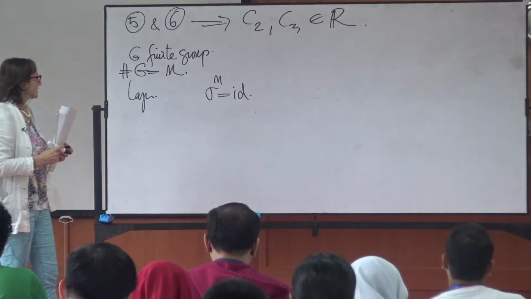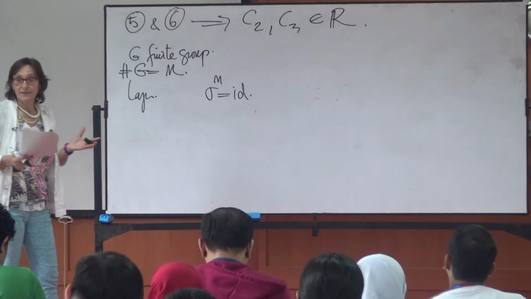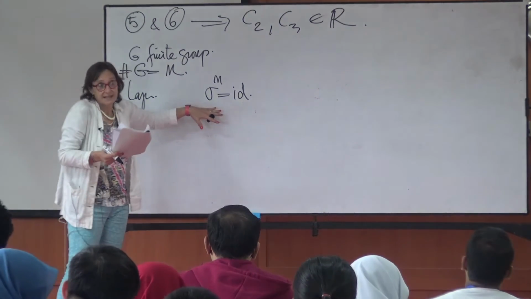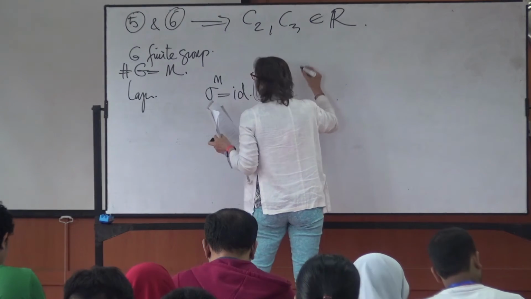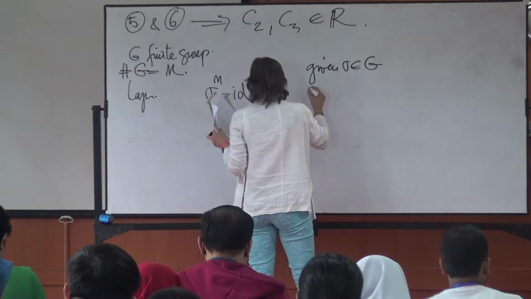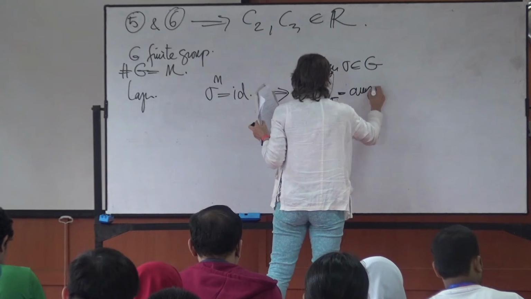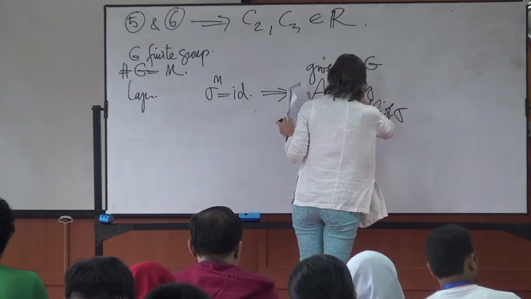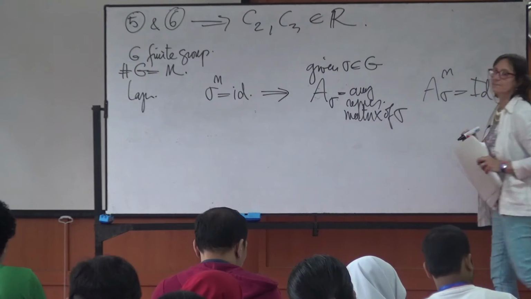This also tells us that if we have a representation of G, any matrix representative of this element will satisfy at least this relation. So given sigma in G, any representative matrix A of sigma will satisfy A to the n is equal to the identity.